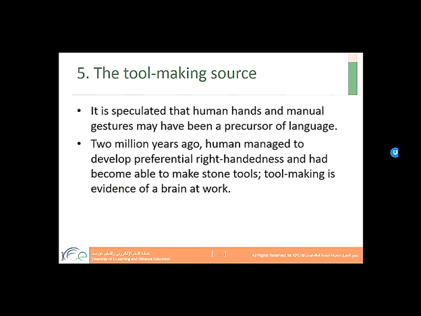Let's move to the fifth source regarding the origins of language, which is known as the tool-making source. It's speculated that human hands and manual gestures, or body language in general, may have been a precursor of language. 2 million years ago, humans managed to develop preferential right-handedness and had become able to make stone tools.